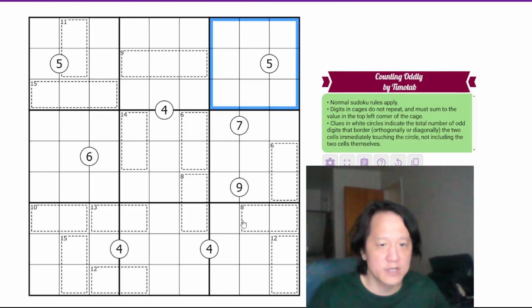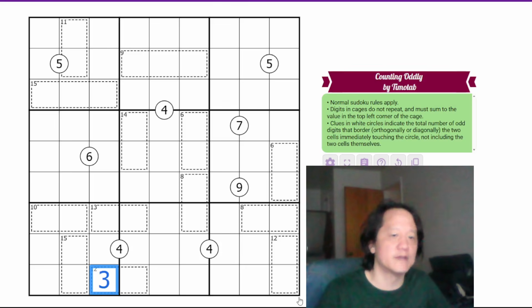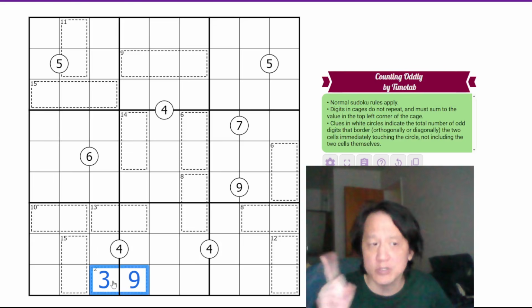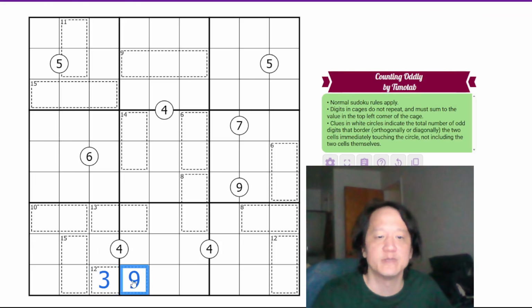So, for example, if we had a 3 here, this would have to be a 9, because these two digits must sum to 12, which is in the top left corner of the cage. And those are the only two digits of the cage, therefore that's why this must be a 9. And that's an example of how these cages work.